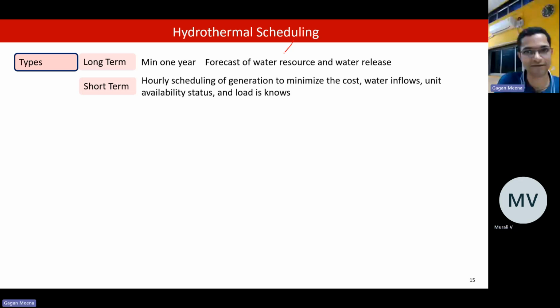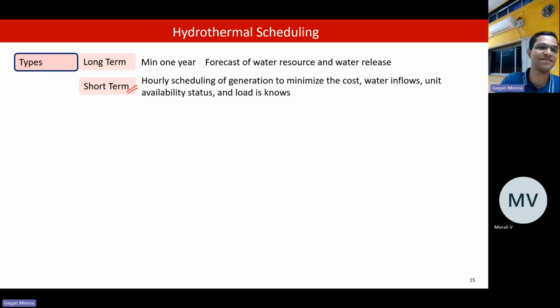We need to consider all the seasons, and the challenge here is the meteorological cycle, hydro cycle, and then statistical analysis based upon previous historical data of several years, 30, 40 years, you have to consider. That's why it's very challenging.